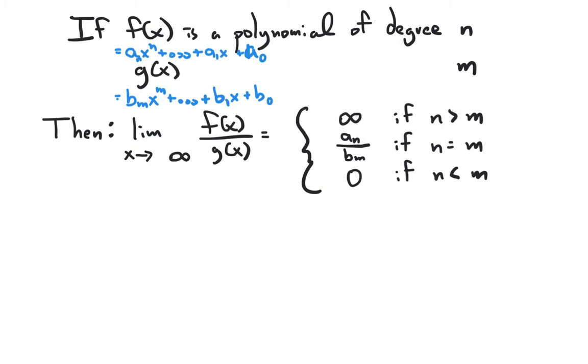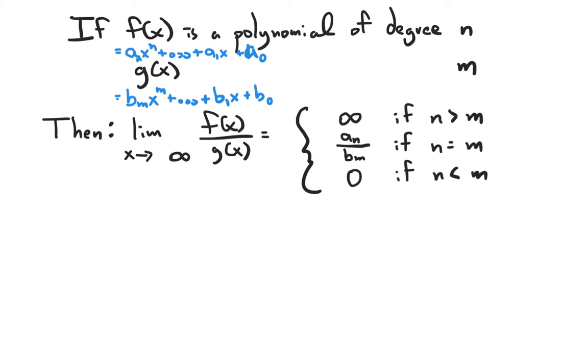The first example had that the highest degree was 3 in both the numerator and denominator, so they had an equal degree. And remember, the degree is just the largest power in your polynomial. So if we had x cubed being the largest power, our degree would be 3. If it was x squared, our degree would be 2, etc.